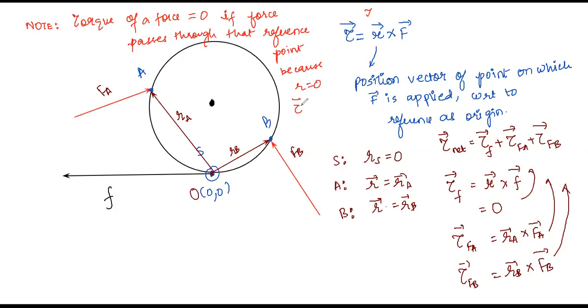This implies tau is equal to R cross F is also 0. Are we now clear with this concept, Atul?